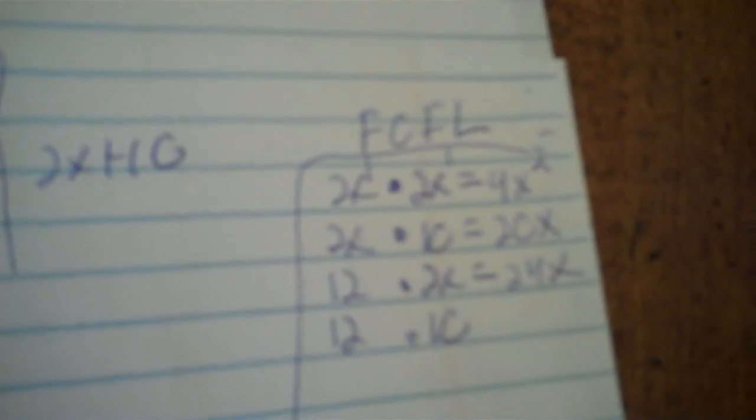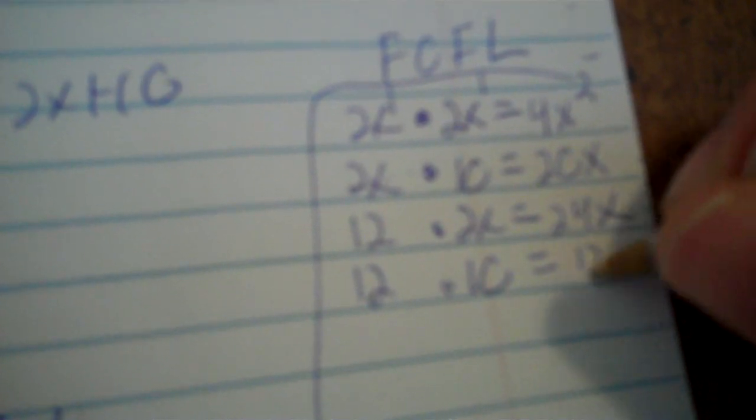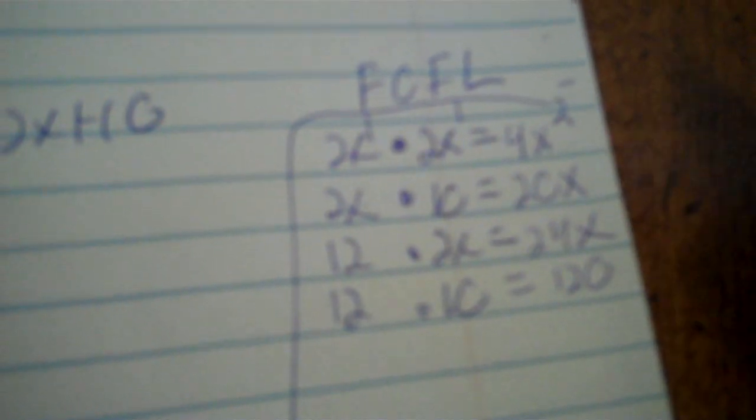I don't mess with exponents if that's the only one I have. 12 times 10 is 120. Okay, so the degree is 2, so blank x to the second, and we have 4. Then after x to the second comes just the x factors, which I have 20 plus 24, and that's 44. And constant, I have 120. Okay, and that is simplified.